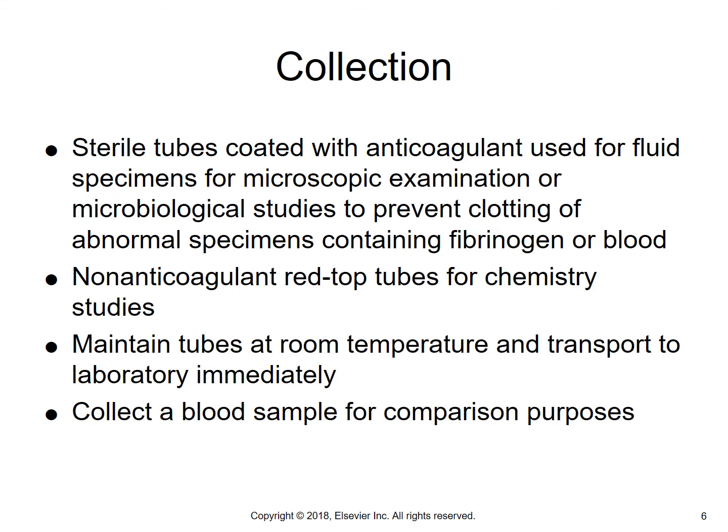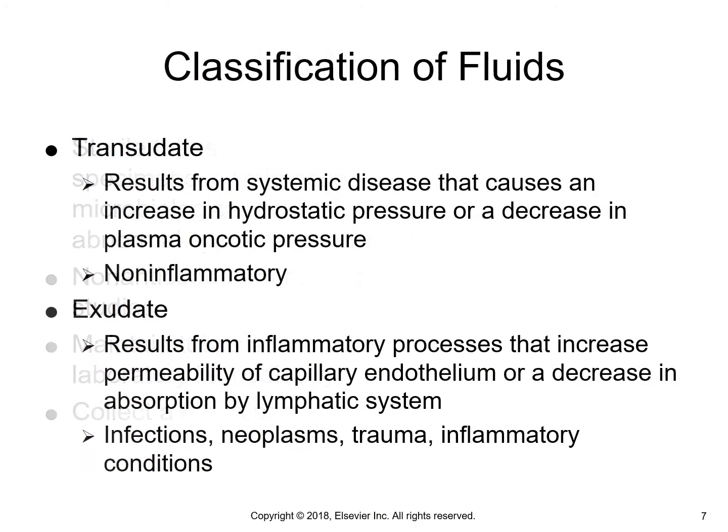Now, from these fluids, a blood sample will be collected in order to compare the chemical composition of that effusion with that of the patient's plasma, which kind of classifies them into the type of abnormality it is. These are the types of fluids that could be removed from the serous fluid cavity.